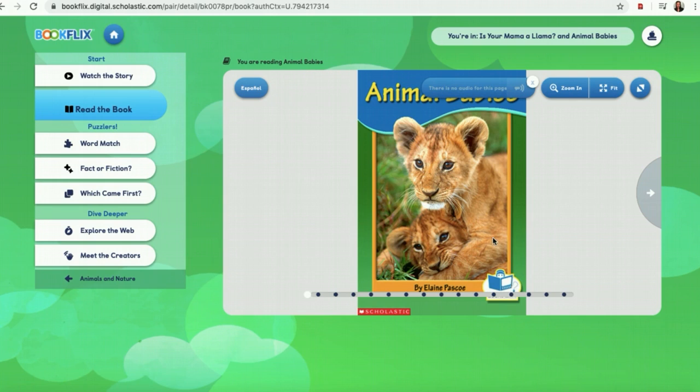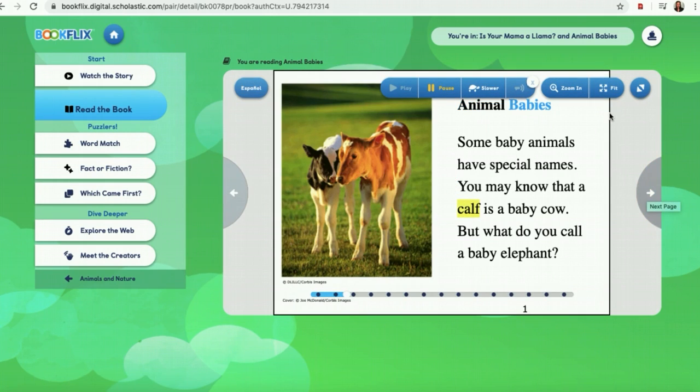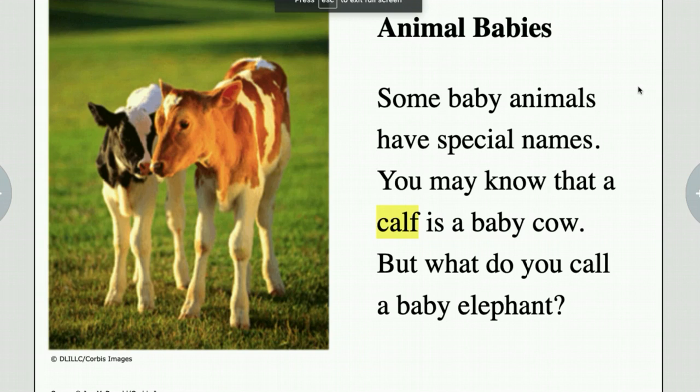Animal babies. Some baby animals have special names. You may know that a calf is a baby cow, but what do you call a baby elephant?